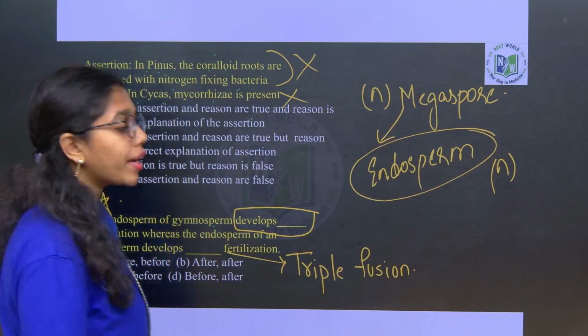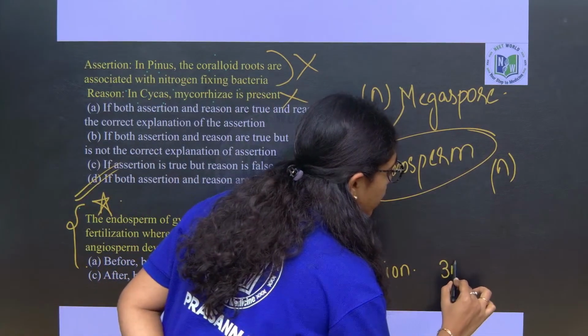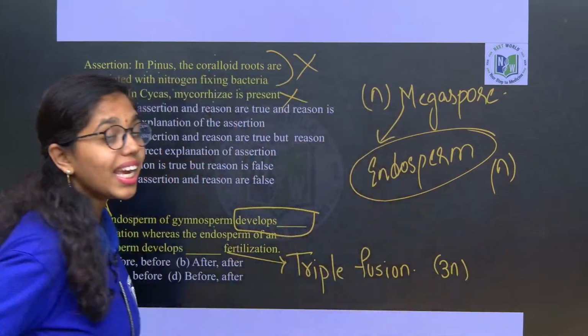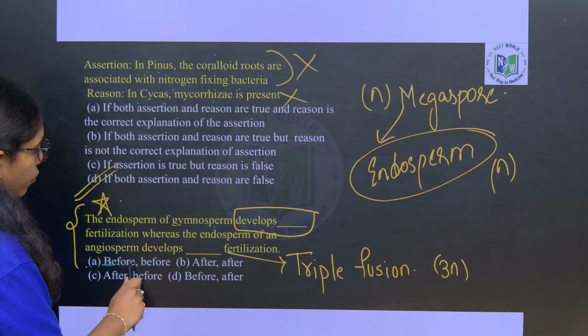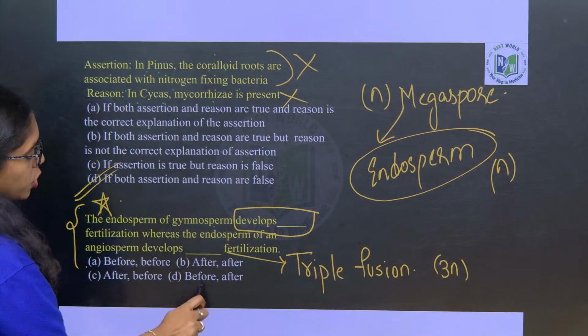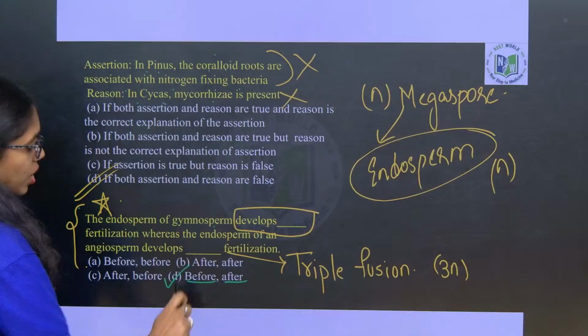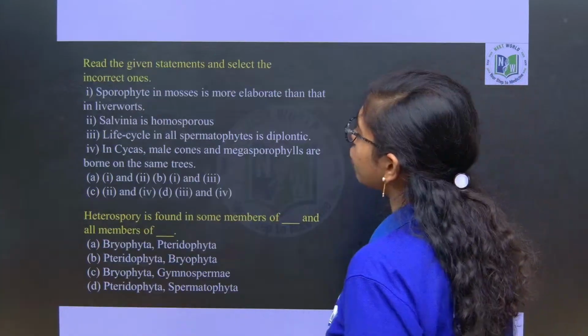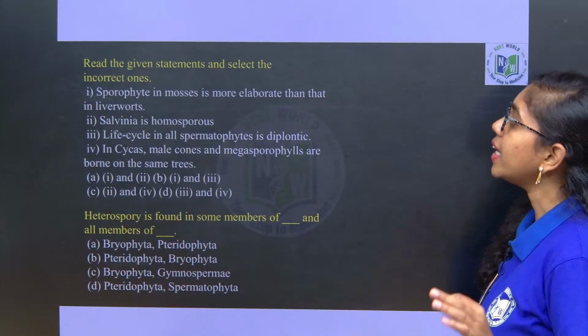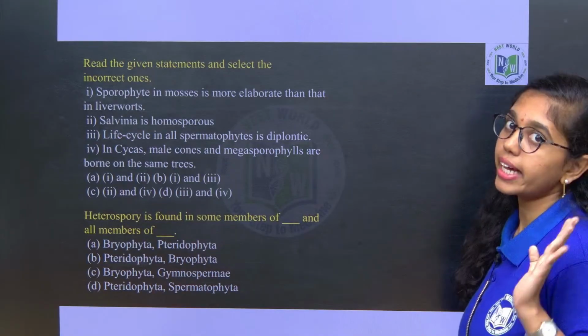That is why the ploidy of endosperm post fertilization in angiosperms is triploid. So, in gymnosperms it is before fertilization, in angiosperms it is after fertilization, that is option D will be the correct answer.